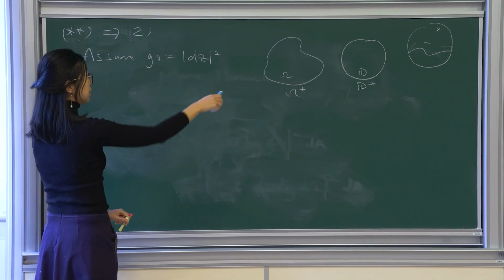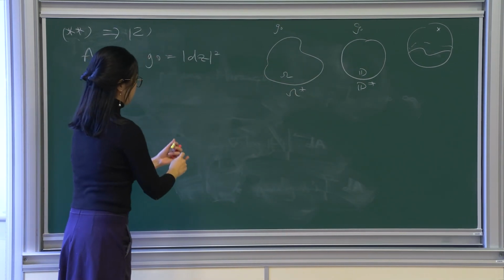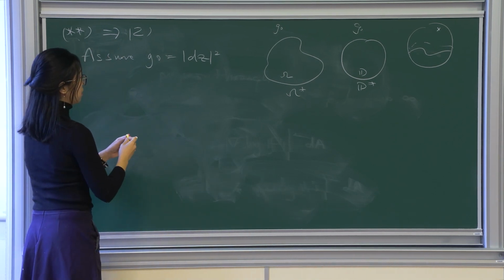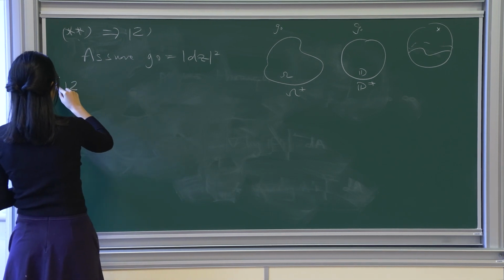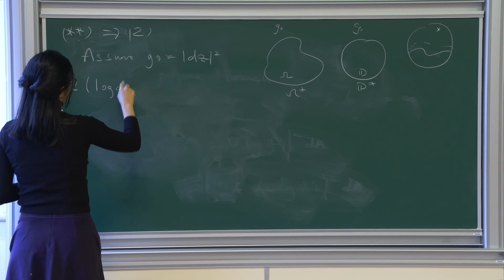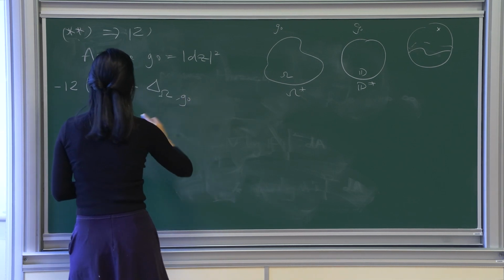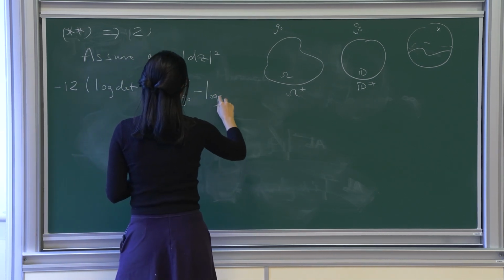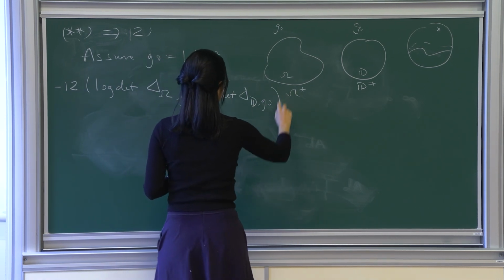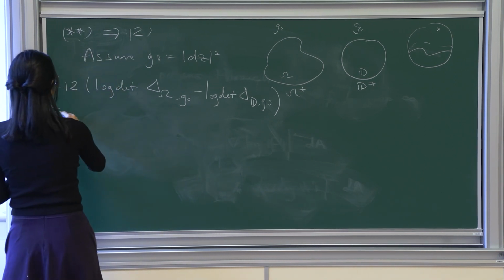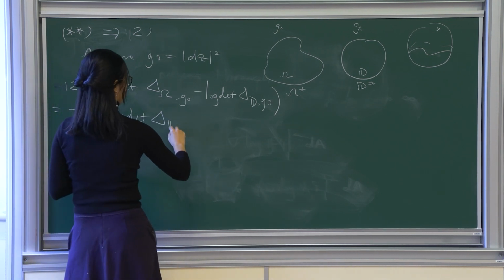Okay, let's write in this G naught. G naught is here. G naught is also here. It goes directly. So minus 12 times log determinant of Laplacian of the G naught minus log determinant Laplacian of G naught equals minus 12 times log determinant of the unit disk.